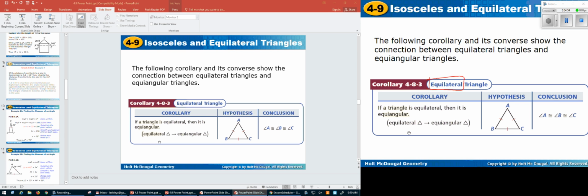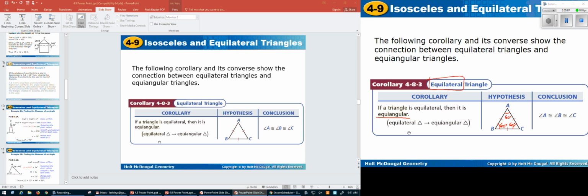And this theorem says if a triangle is equilateral, it will also be equiangular, which means every angle in the triangle will be congruent, right? And what did we decide in a previous lesson that each of those angles will be then? What measure? 60. Because remember, if you take 180 and divide it by 3, what do you get? 60. So if it's equilateral, you can now say it's equiangular, and now you can say that means every angle is 60 degrees.